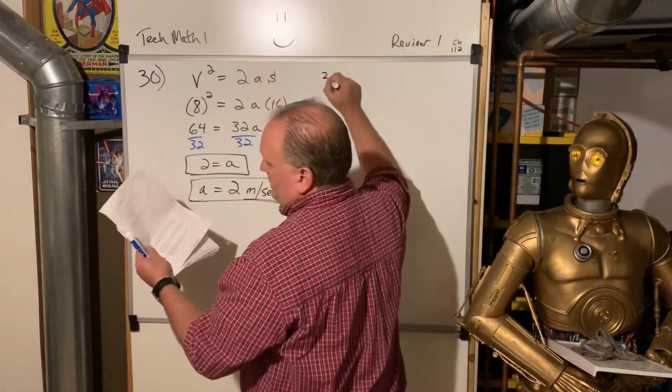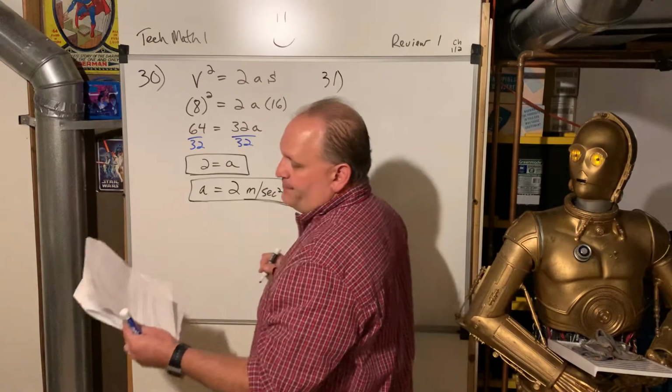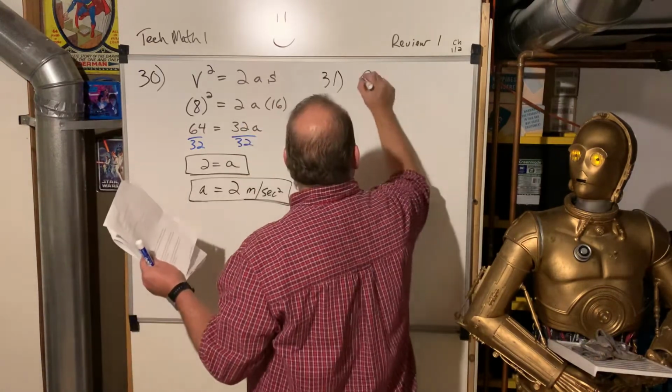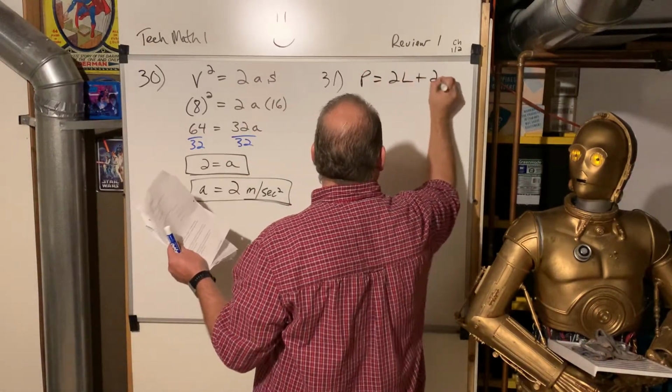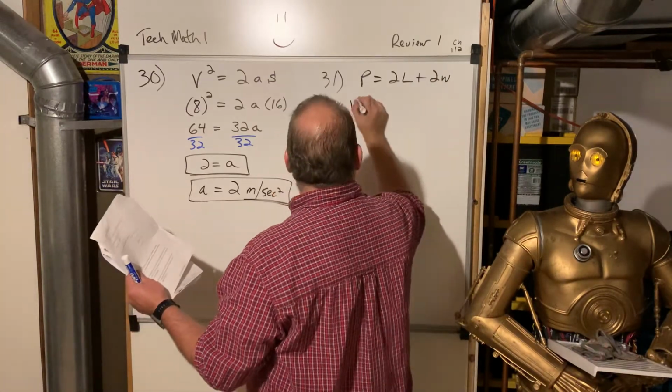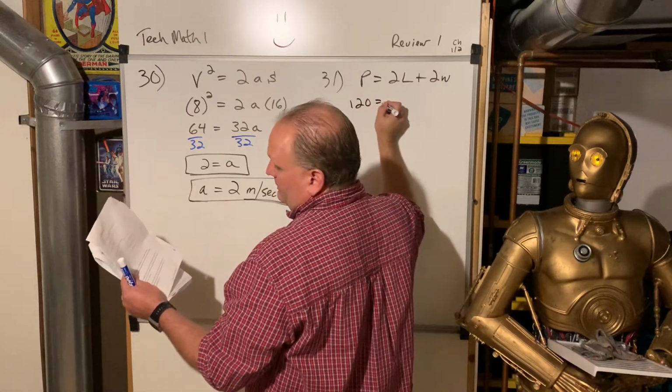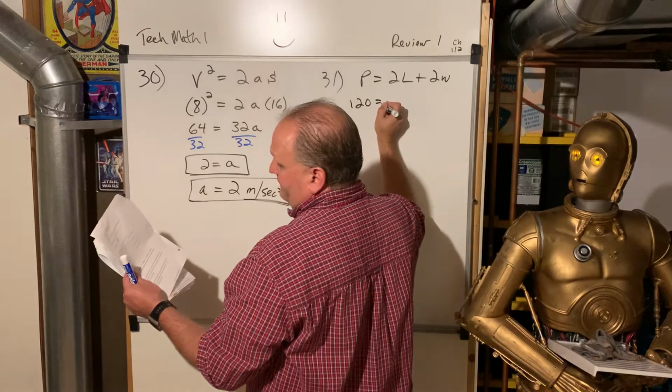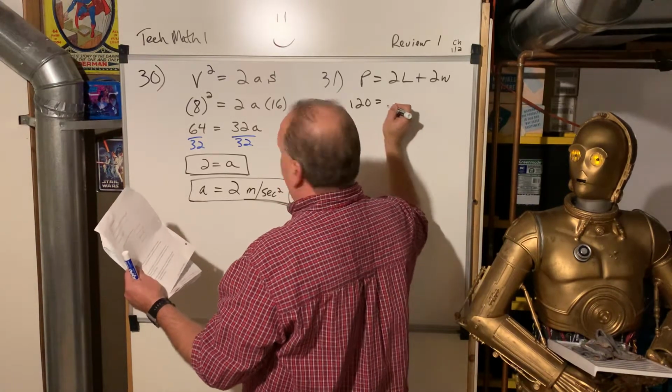All right, let's look at 31. The perimeter is equal to 2L plus 2W, and as you read on, they give you the perimeter is 120, and the width is 24. Find the length.